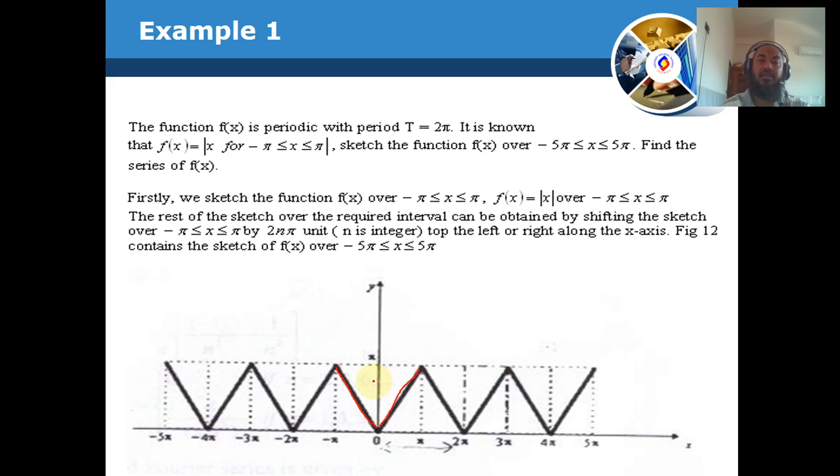So f(-x) is equal to f(x). What does it mean?